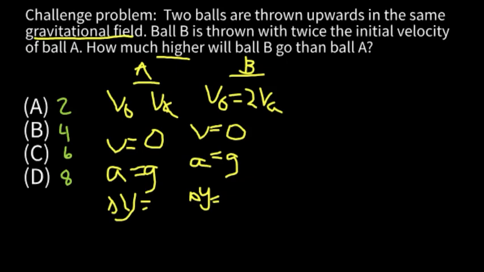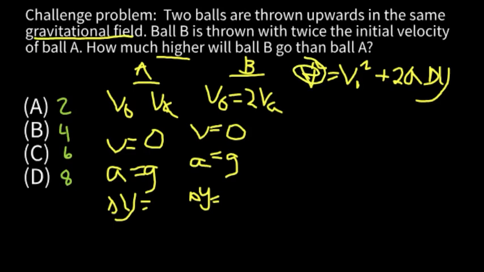So we don't really have anything involving time in this problem, so let's use one of the kinematic equations without time. That would be final velocity squared equals initial velocity squared plus twice the acceleration times delta y. Immediately we know that final velocity is 0, so we can cross that out.